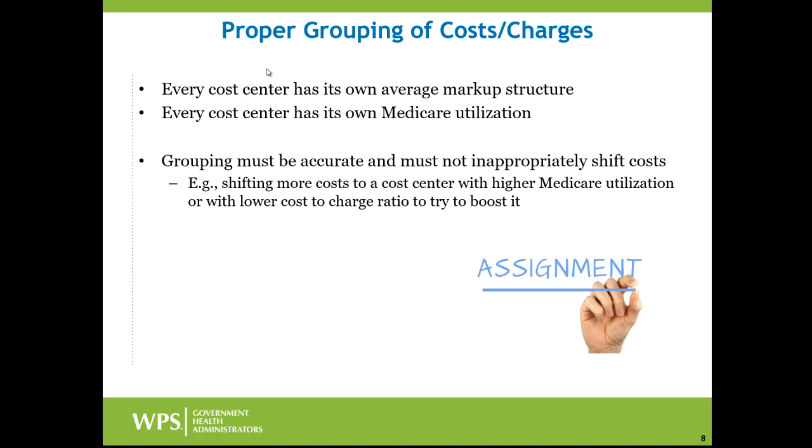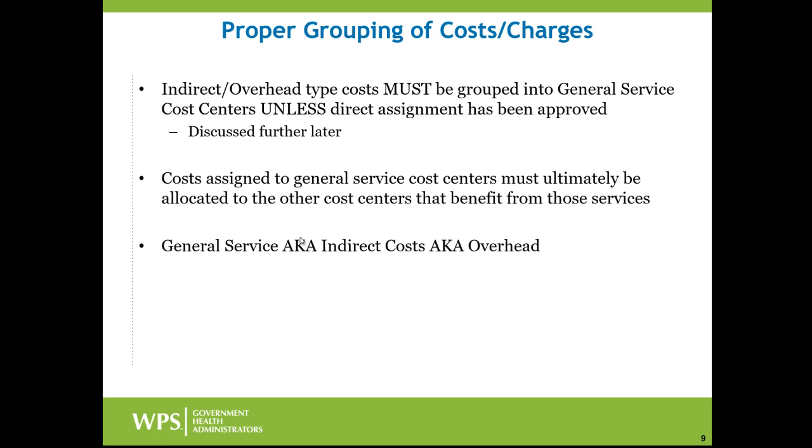Or there might be situations where there was a lower cost to charge ratio, which means that a certain amount of charges are equating to a much lower amount of costs. So there might be a situation where more costs were being included in that cost center. That naturally increases the cost to charge ratio. As an audit contractor, we're required to look at areas of risk, and these are certainly two areas of risk for the Medicare program.